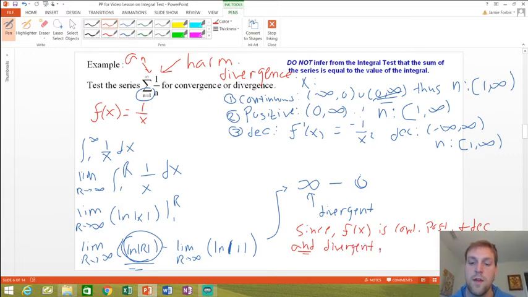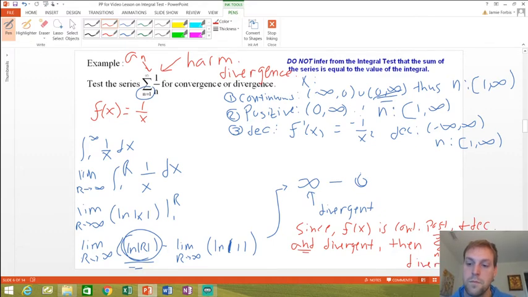So we showed all that about the function f of x. If that's the case, then the series that we represented as f of x, the summation of n equals 1 to infinity of 1 over n, also diverges, because we let f of x be 1 over n. I should probably clarify by IT, I'm going to say IT for integral test.